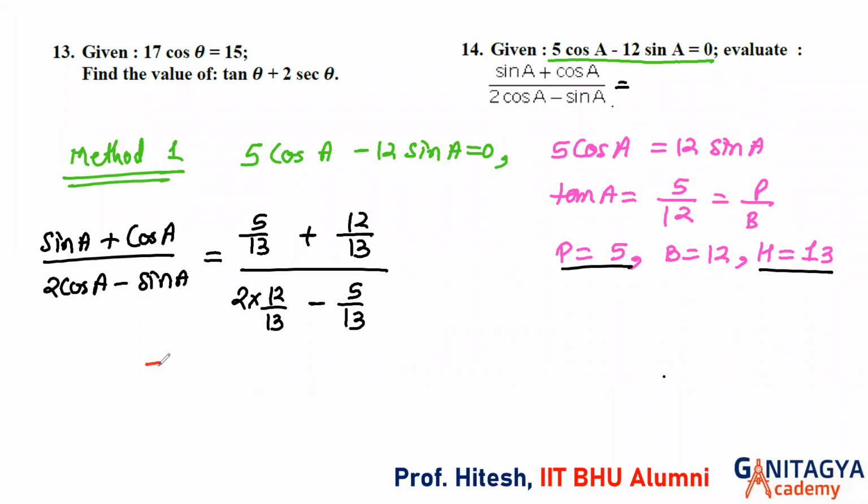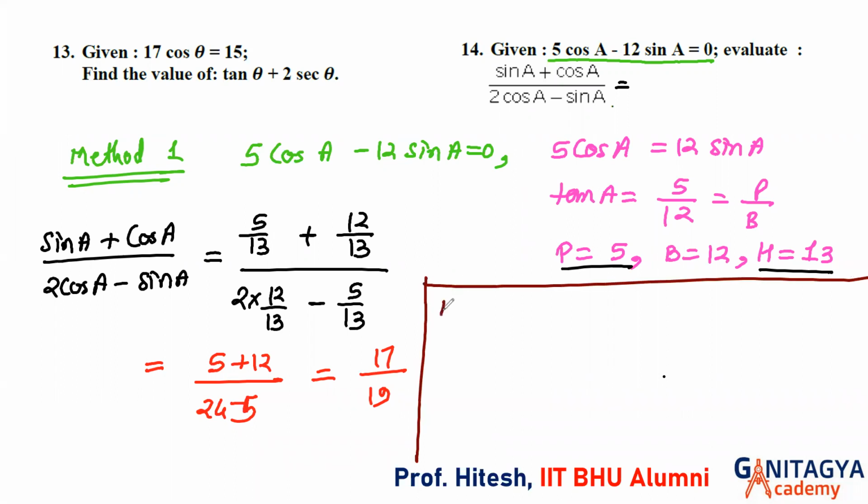So 5 by 13, 13 will be common. So 5 plus 12 upon 24 minus 5. So it will be 17 upon 19. This is the answer. This is with the help of method number 1. Yes, perfect. Written down. This is method number 1.